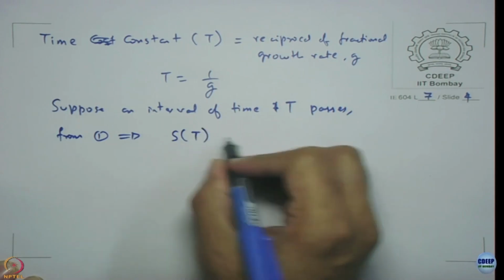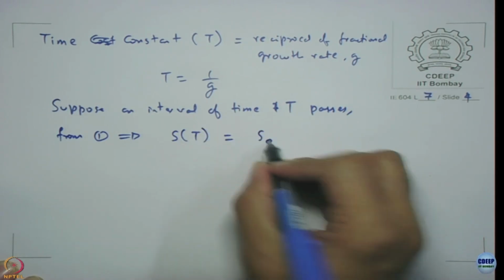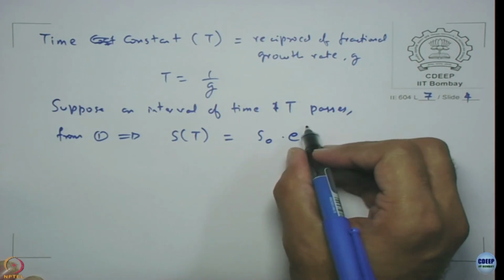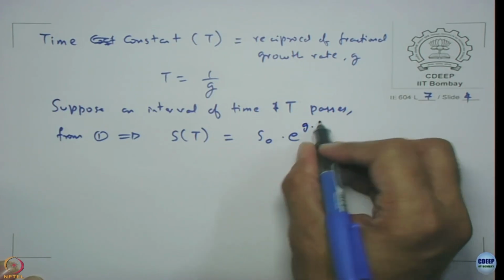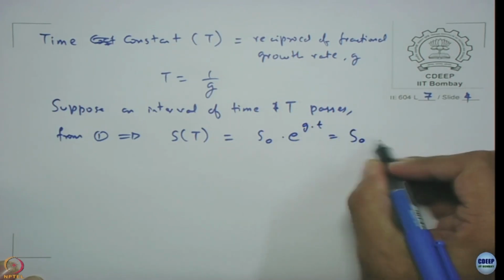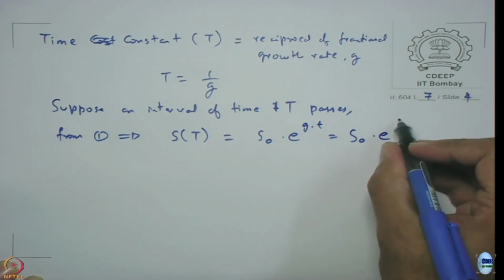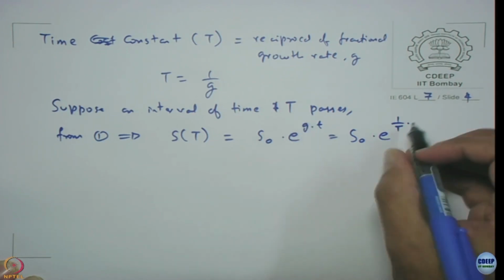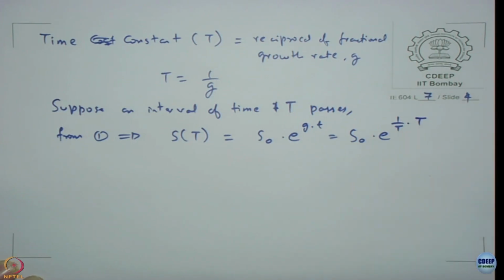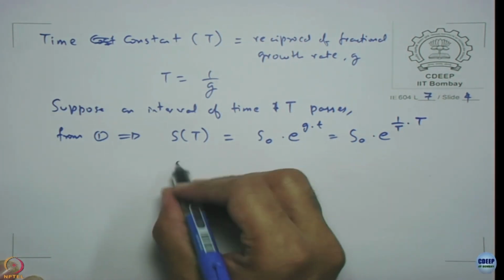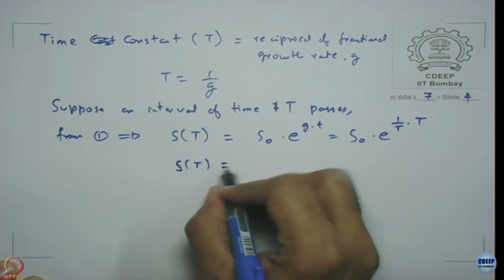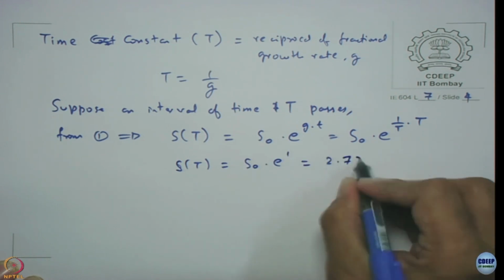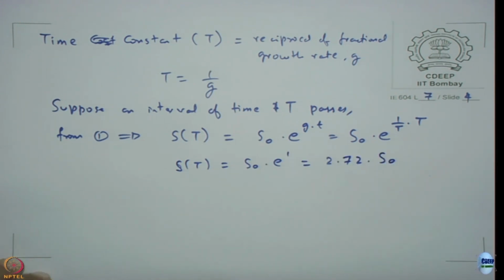So stock at capital T time will be stock at time 0 into e power gt, which is S naught into e power g, where g itself is 1 by capital T. Capital T time units pass, so small t is also capital T. So that means S at time t is just S naught into e power 1, which is about 2.72 into S naught.